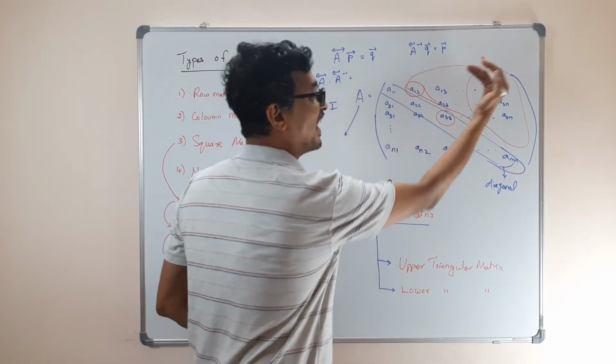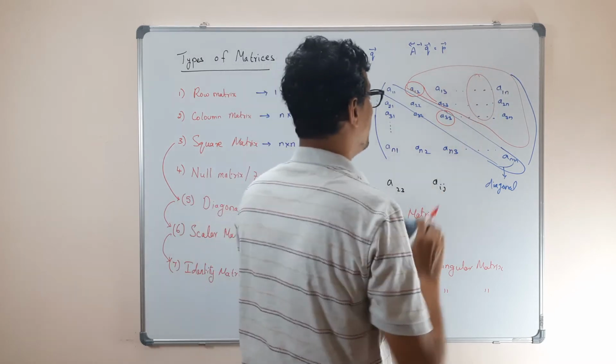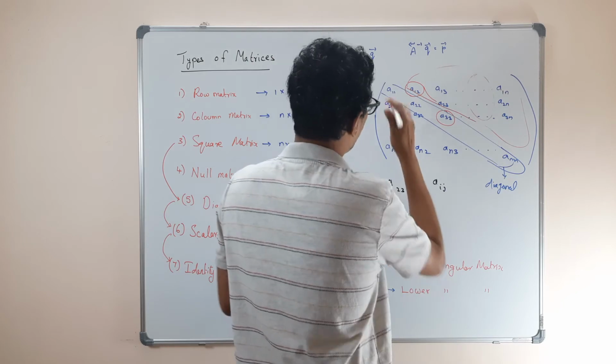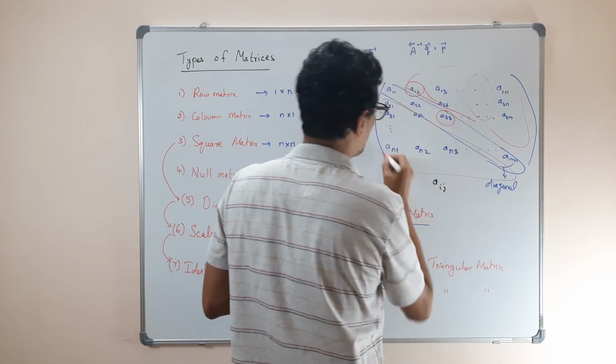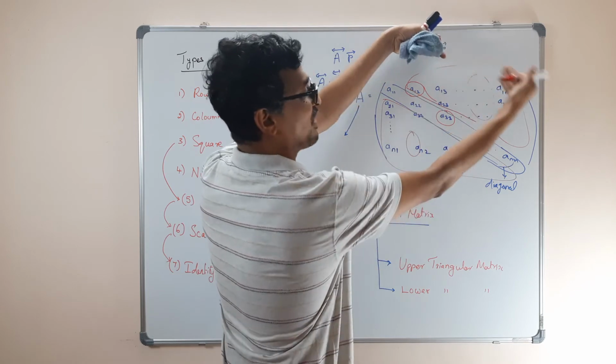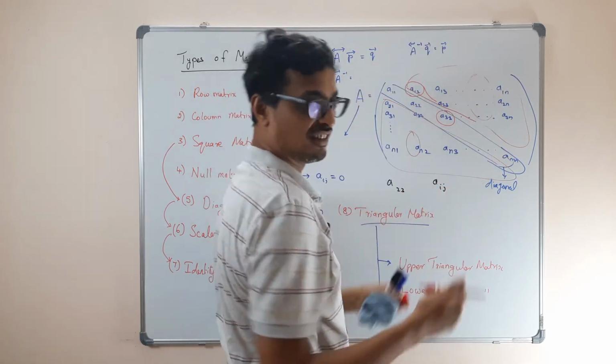Similarly, this is not 0. On the other hand, if these elements below the diagonal are 0, then only the upper triangle is there, right? This is the upper triangular matrix. Okay.